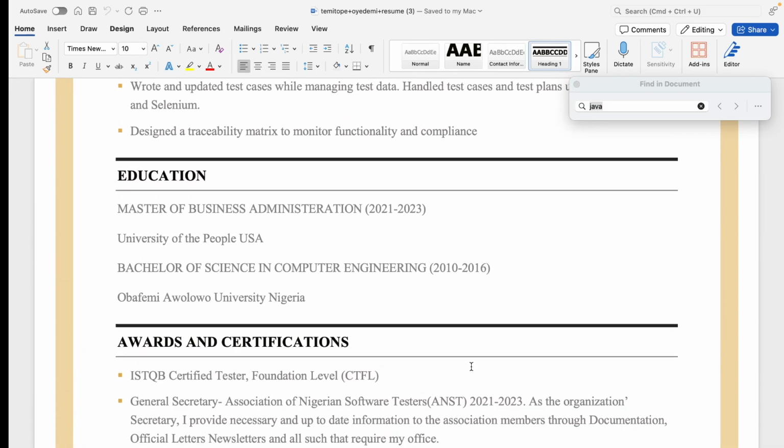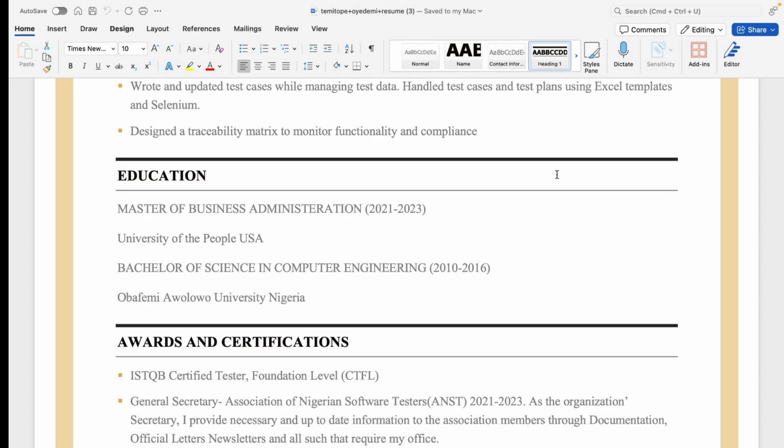So looking at the sample resume that we used in class, let's go straight to education. When writing your education, please try as much as possible to write the latest education first. Like we always say, the latest one comes first, right? So, masters in business administration, masters of science, you write that first, or postgraduate diploma in this, yada yada.